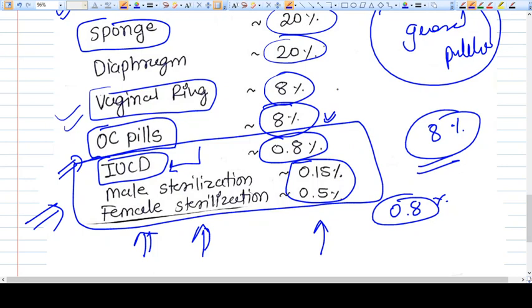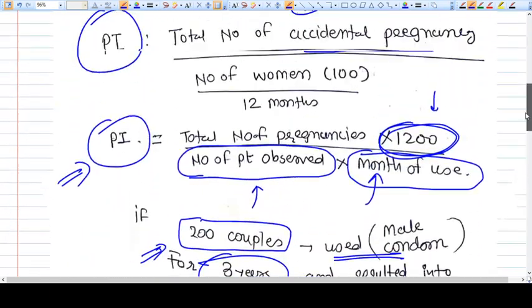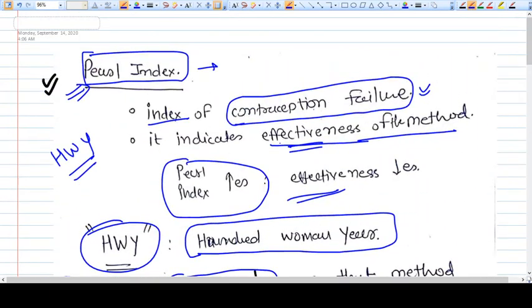Why does the same OC pill, which is a very effective contraceptive method, still have an 8% Pearl index? Because the factor of compliance and dedication comes in. So when we talk about a very good and effective contraceptive method, we should have a method on which we have to rely less.